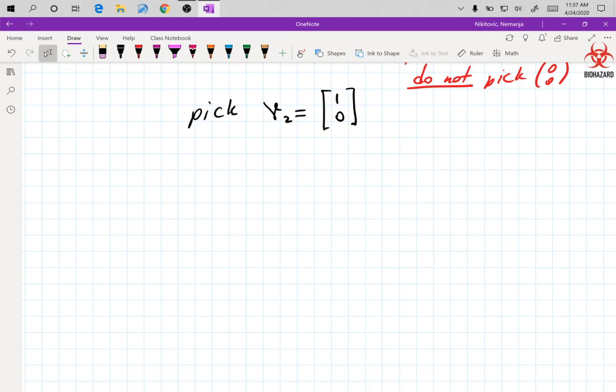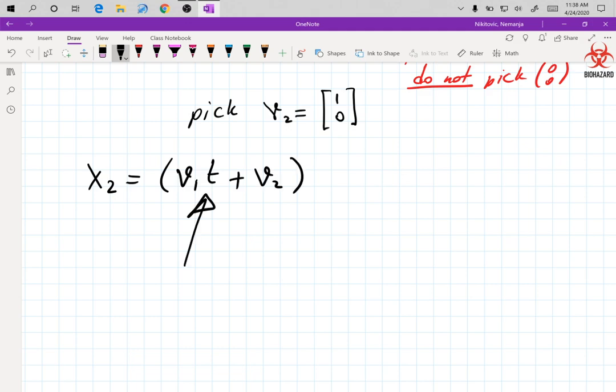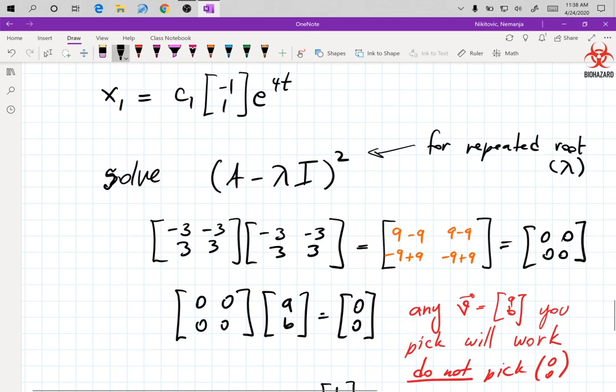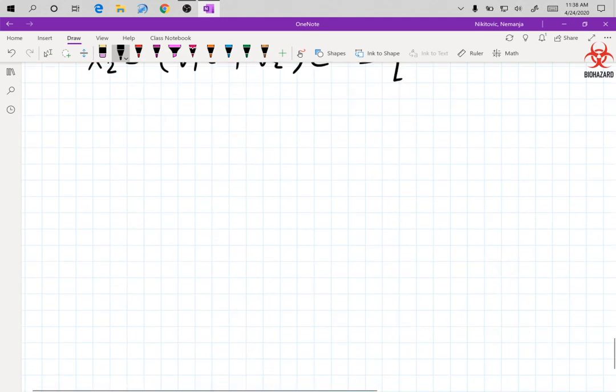we can go and create our solution. So for the x2 solution, x2 is going to be v1 times t plus v2, and this is where the repeated root times t kicks in, all times e to the 4t. That's what we need. So now what do we have? My v1 vector was it 1, -1 or -1, 1? -1, 1.